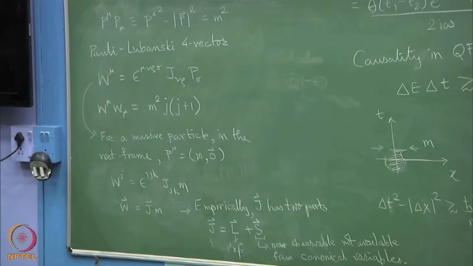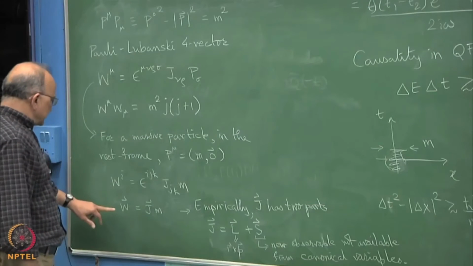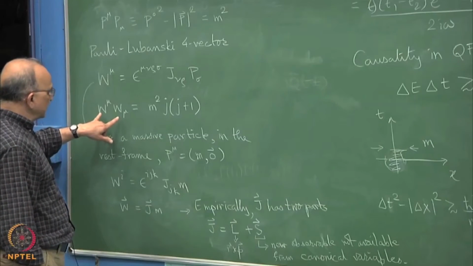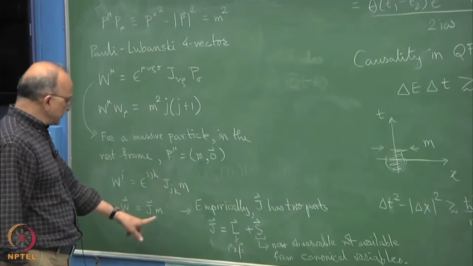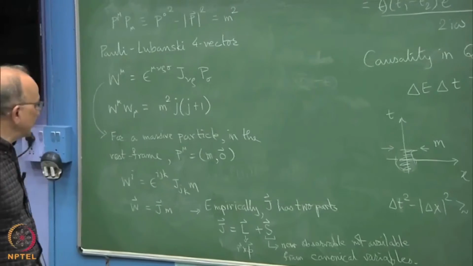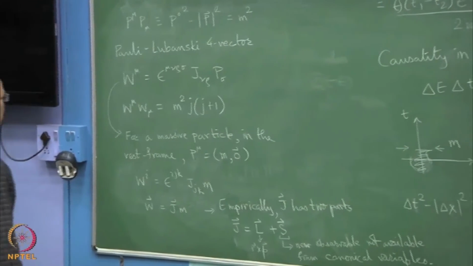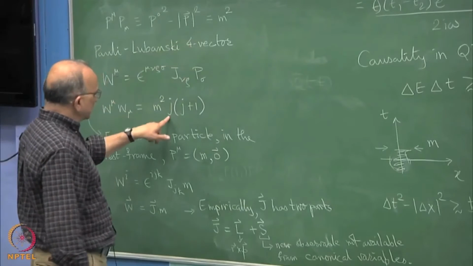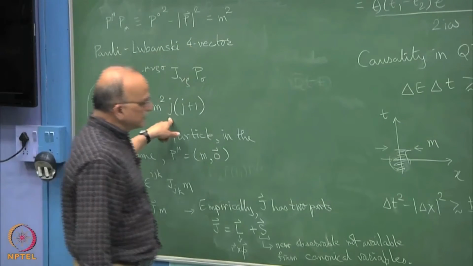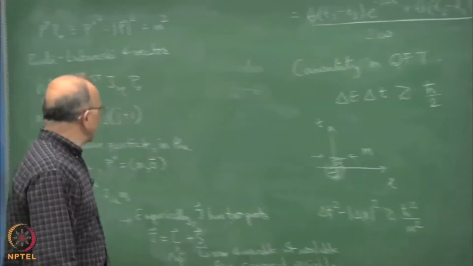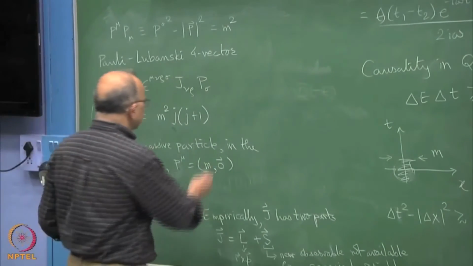But that is all there is, and the square of this W mu will come out to be m squared times J squared, and so that is the other Casimir invariant. So you have to take the other Casimir invariant and factor out the m, then whatever this J is in the particle's own rest frame, it will of course become just S.